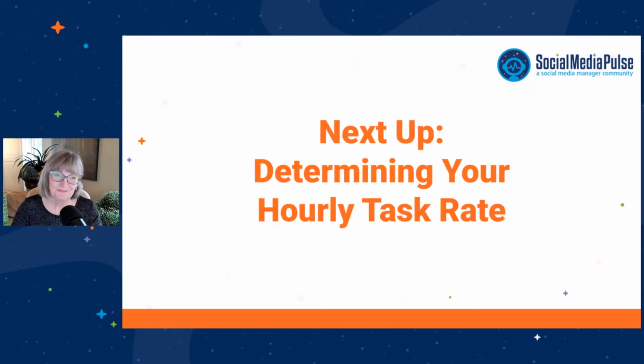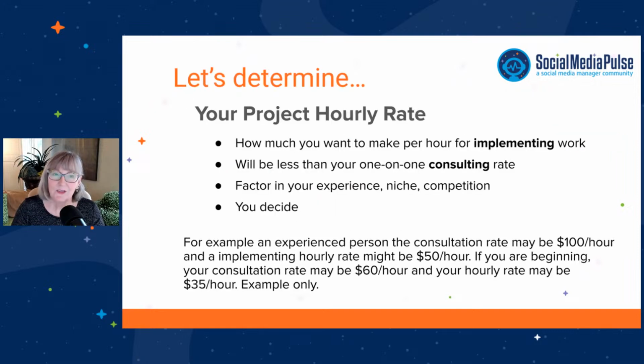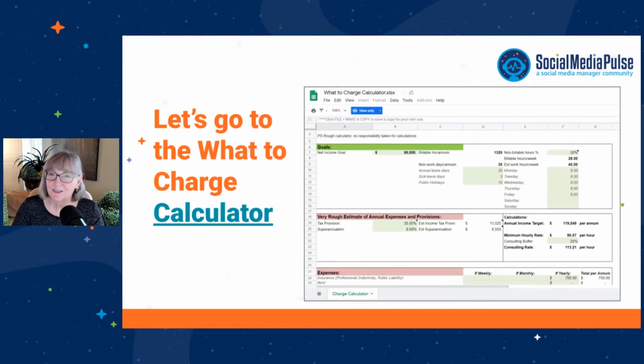All right, so we figured out that hourly task rate by filling in all those things in there. And I just want to remember that this is one of the 4 rates. We figured out the hourly consulting and the hourly task rate. And remember, you have to start at that calculator to really make this easy.